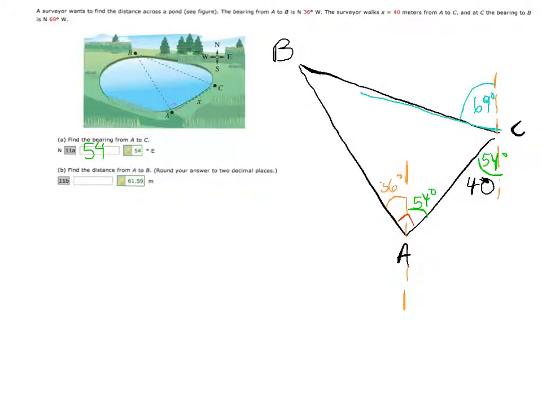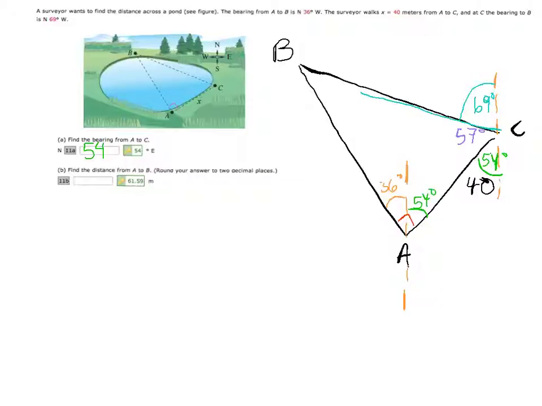So we know that 69 degrees plus 54 degrees plus this angle here has to add up to 180. So 69 plus 54 is 123, and 180 minus 123 would give us 57. 57 would be your angle inside here.